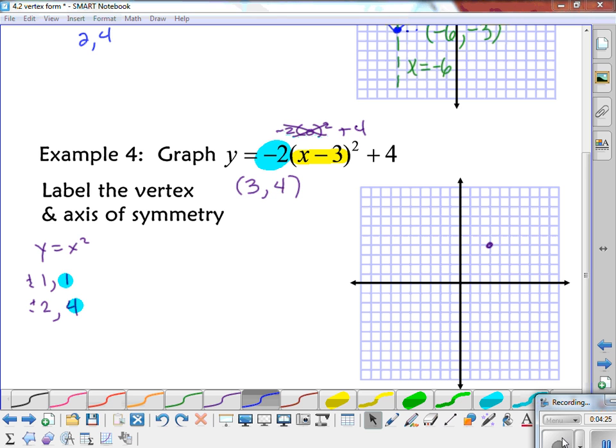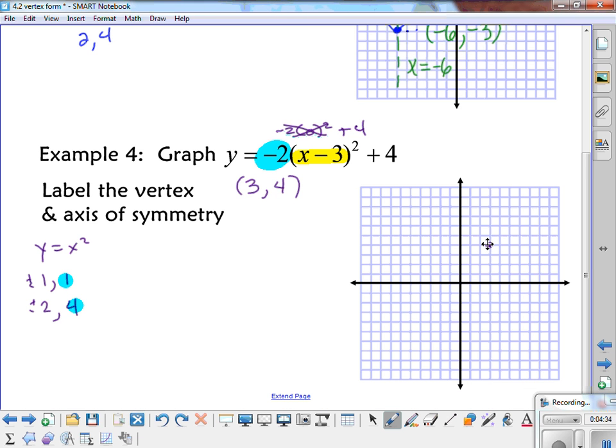Okay, so on this one, normally, if it was a regular parent graph, I would go from my vertex to the right 1 and up 1, right? But my up 1 is getting changed by a -2, so instead of going up 1, I do what? Down 2. All right, and then I'll do that in the other direction as well.